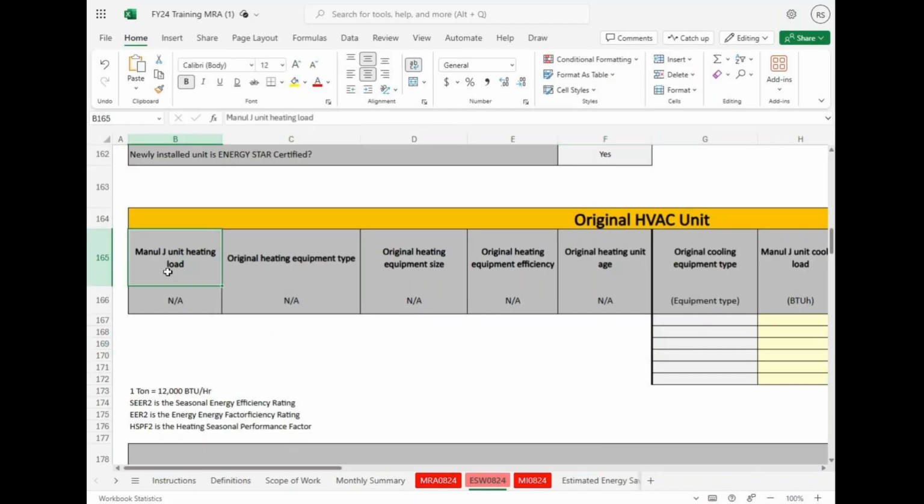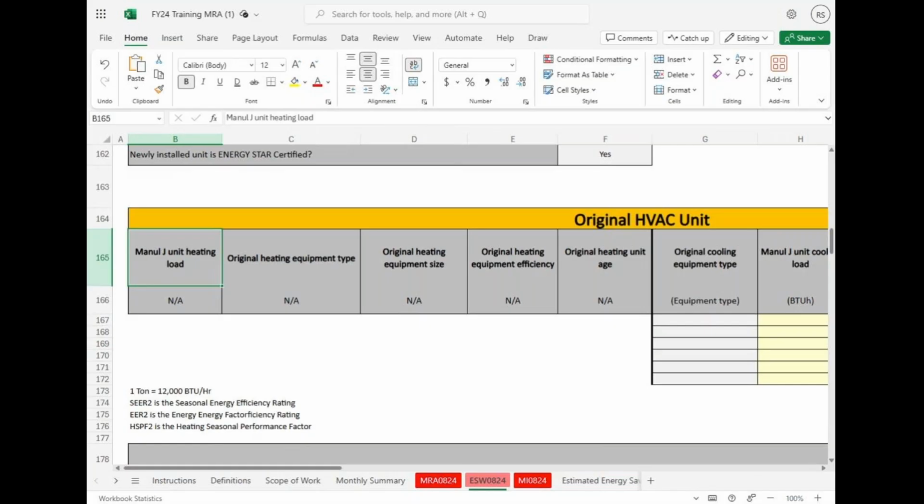As for new data itself, one of the new changes we have this year is we are asking for what is the Manual J heating and cooling load. This is part of the work scope requirements. It also makes a big difference for us on the calculation end, because we've had situations where window AC units are replaced by large central air conditioners, and we don't know the capacity that was there before the unit was installed.